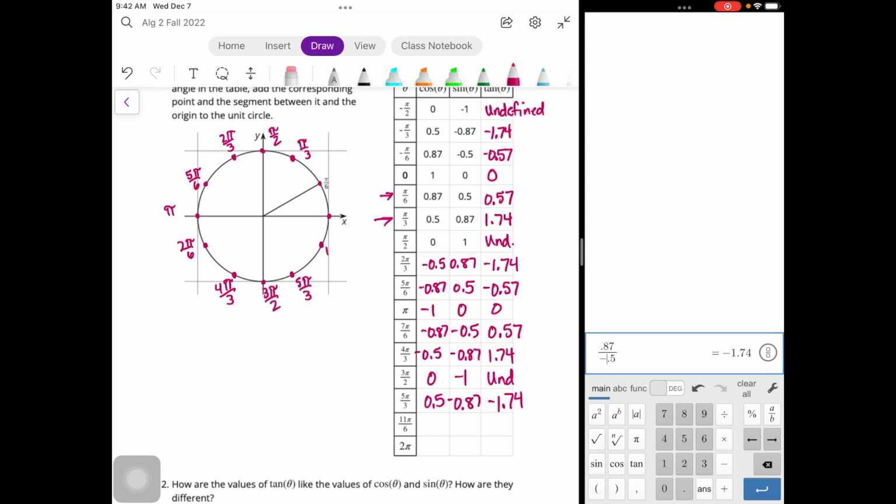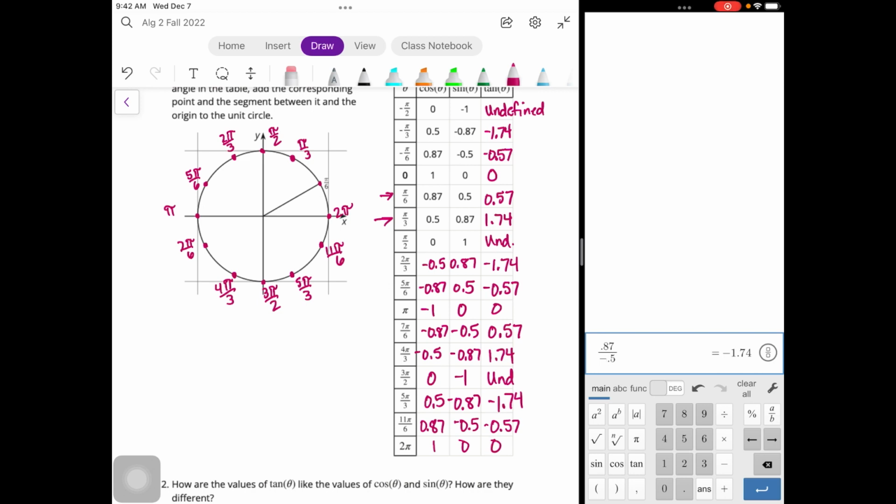And then we have 11 pi over 6 here, which is the same as negative pi over 6. So we have a positive 0.87. We have a negative 0.5 because we're in the fourth quadrant. And then our tangent ratio is negative 0.57. And then 2 pi is the same thing as 0. So we have 1, 0, and our ratio is 0.